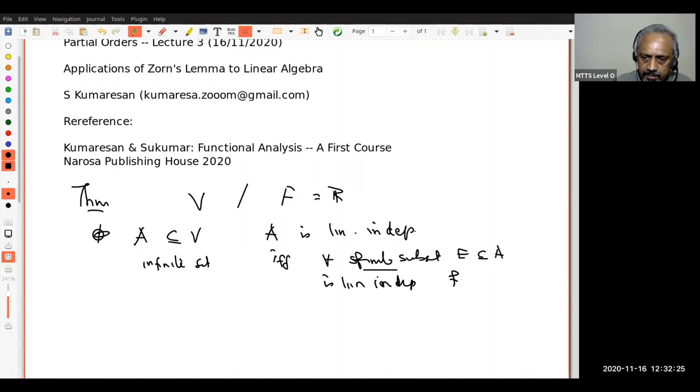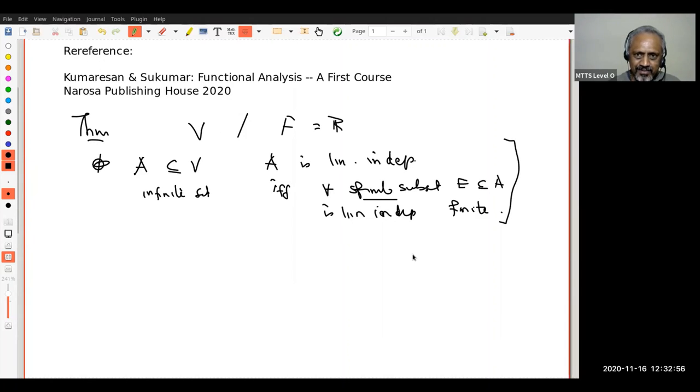This definition you may think is somewhat weird, but if you watch my video on linear dependence and independence, you will see it is the most natural definition. It is the only definition which works. In fact, the usual thing like summation c_i v_i equal to 0 implies all c_i are 0, etc., are all corollaries of this definition.